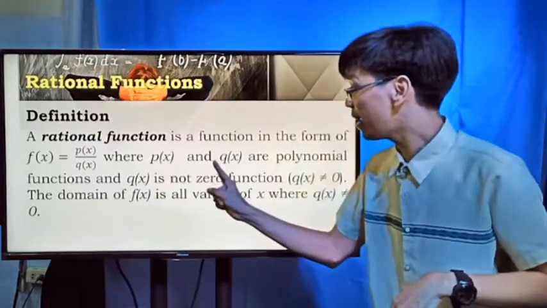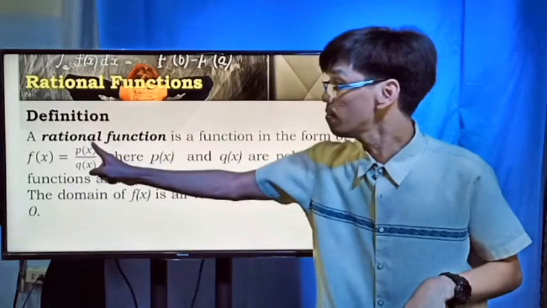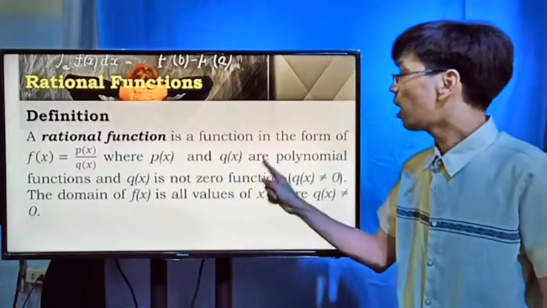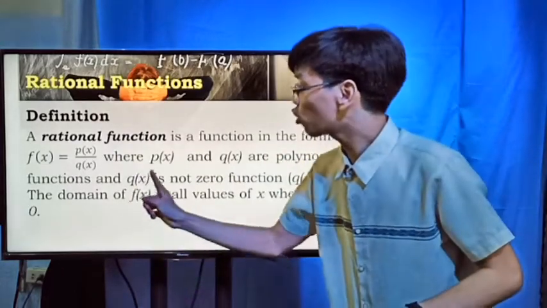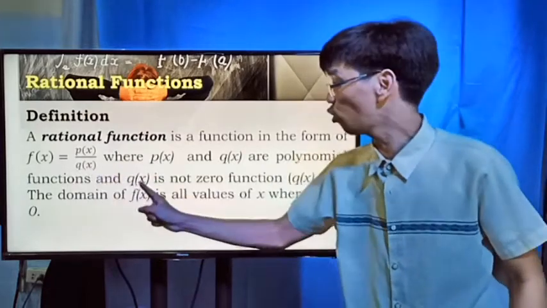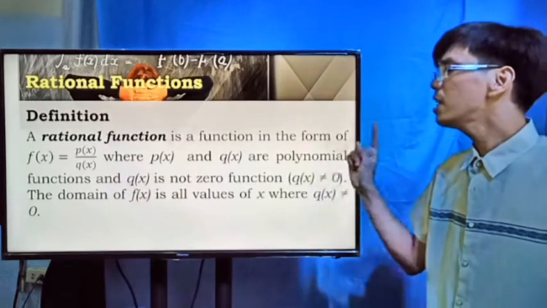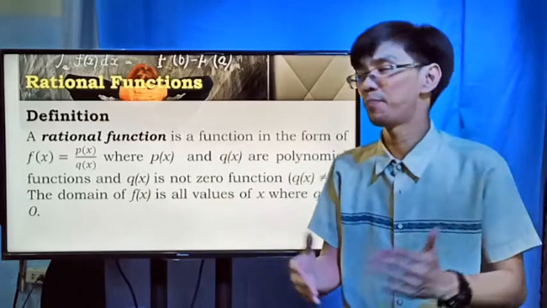Where p of x and q of x, what are these? The terms in the numerator and the denominator are polynomial functions. Also, q of x, or the polynomial function in the denominator, should not be a zero function, meaning it should not be equal to 0. Why?